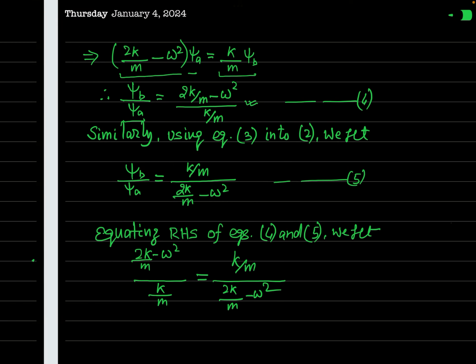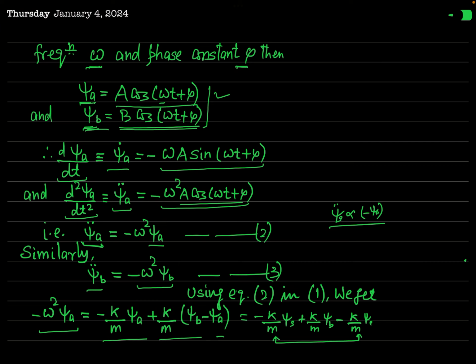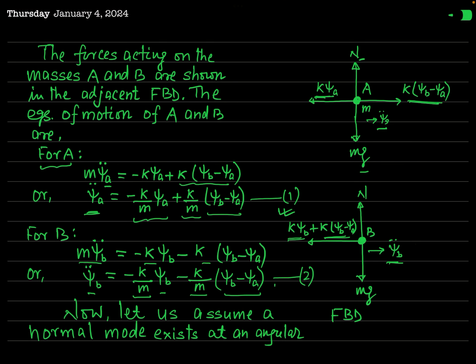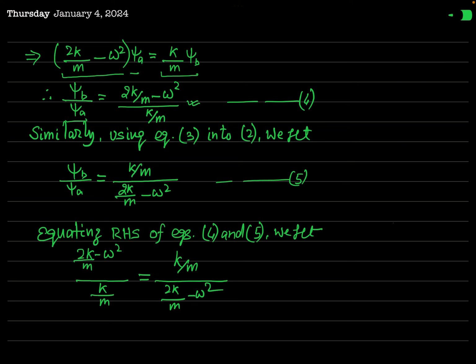Now, again, substituting psi B double dot equal to minus omega square psi B in this equation number 2, you can obtain the value of psi B by psi A. So let us replace this psi B double dot by minus omega square psi B, and when you do the algebra in a similar manner, you will find that psi B by psi A is equal to this.